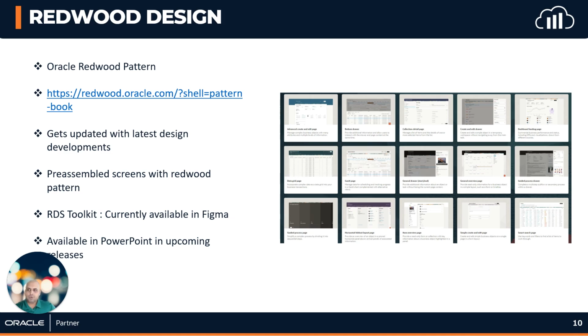Redwood Design System Toolkit is also available in PowerPoint. It got launched recently, and it's a light version. You won't get everything that you have in Figma, but it's a good place to start if your team doesn't have competency in Figma.